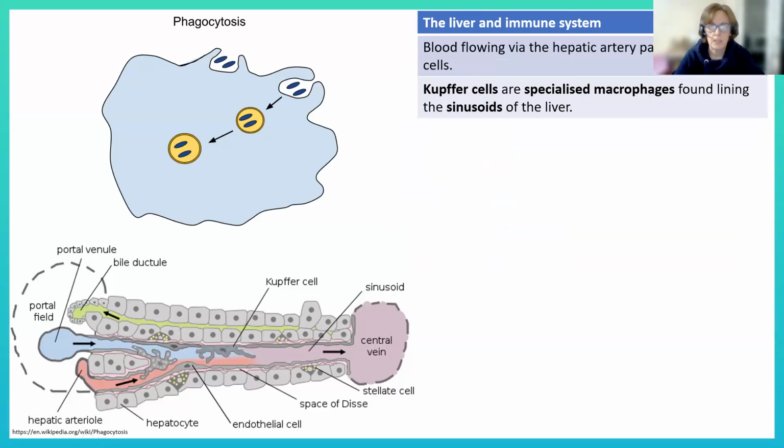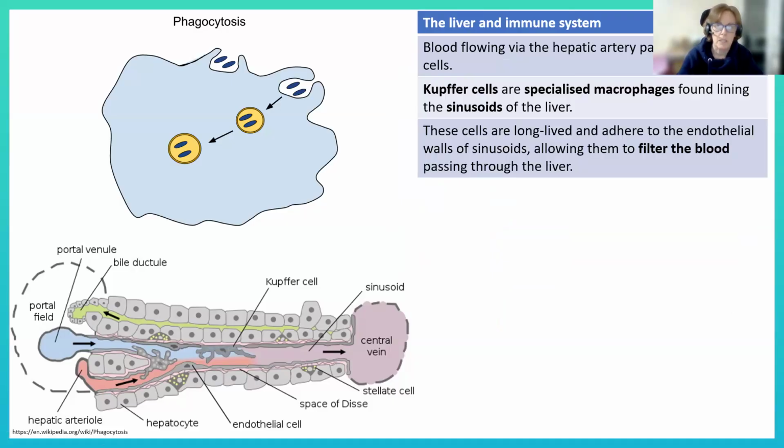The Kupffer cells, as we said, are specialized macrophages, and they're found along the endothelial membranes of this sinusoid. Those endothelial membrane walls are specialized as well.